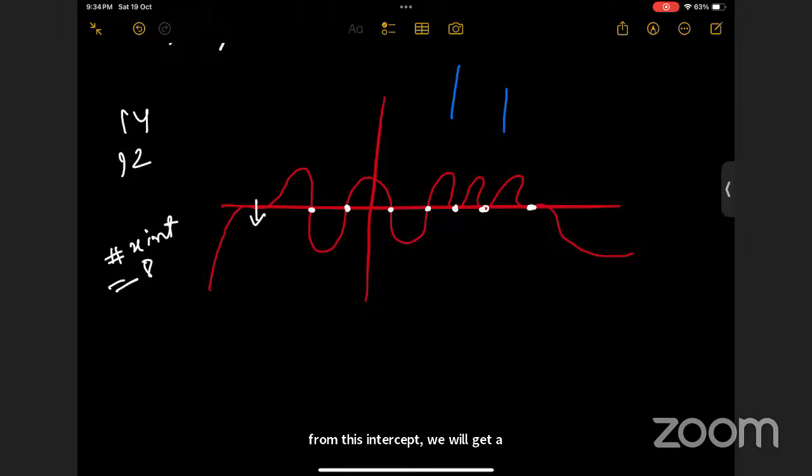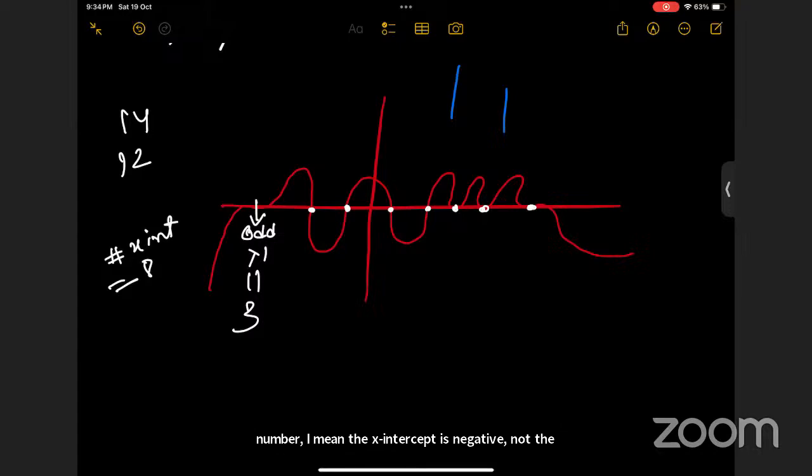Odd 3, right? Greater than 1. That means we will consider the minimum 3. Ma'am, it is because of the left side of the graph. No, left side, because the x-intercept is negative, not the degree. Degree is always positive, no?